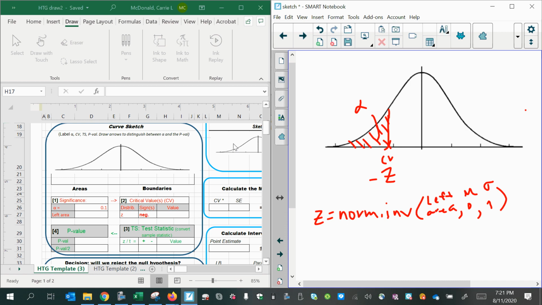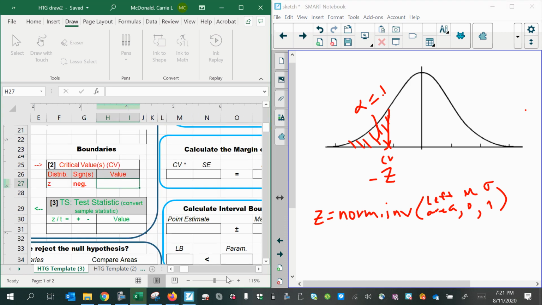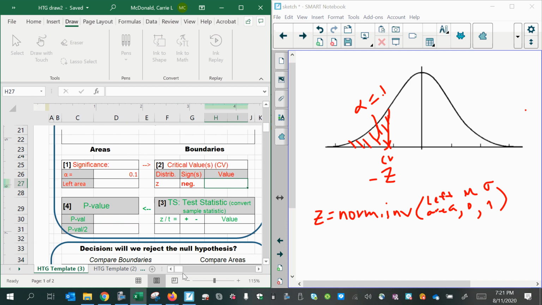The significance here is 0.1. So I can use that to find my z-score. So I'm going to do that here. Norm.inverse with a probability of alpha to the left, a mean of 0, and a standard deviation of 1. And notice that I've also put in here that it's a z-score and it'll be negative. Okay, so we have negative 2.82.